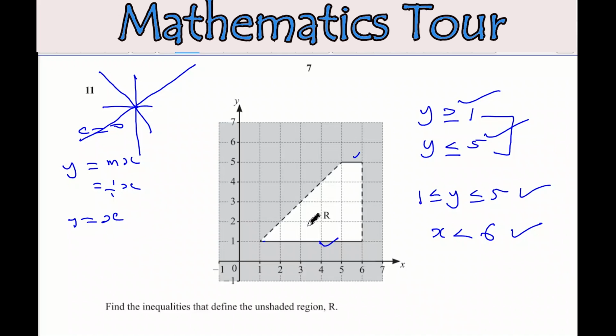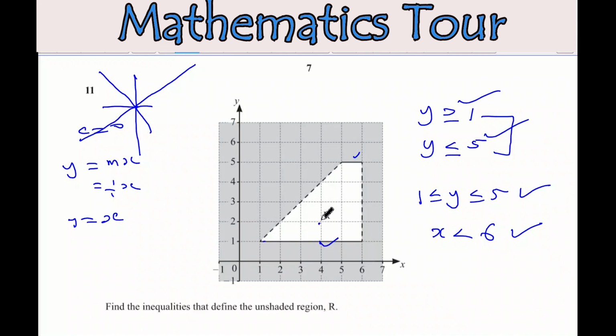So let's see, if we take a point inside the unshaded region, for instance here, x equals 4 and y equals 3.